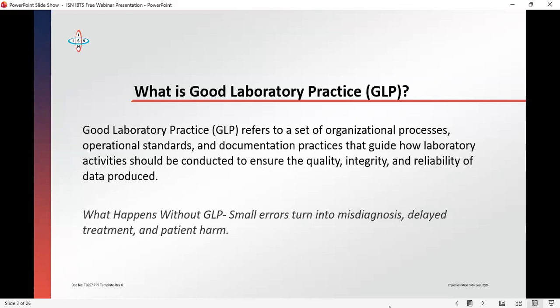You have procedural variability. That is the procedure you use in how the sample is collected, how the sample is handled, how the sample is processed. All of these are procedural variabilities, right?